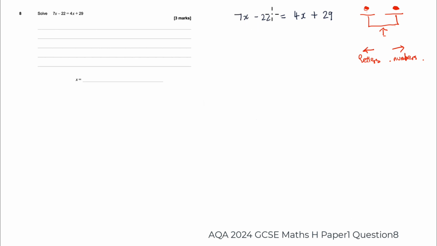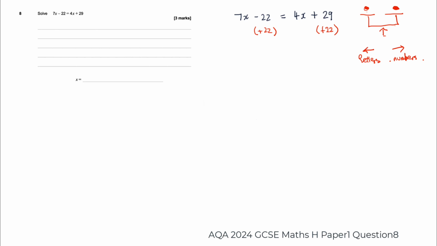This number is not in the right place. Let's add 22. Now, why am I adding 22? Well, it's the opposite of taking away 22. Take away 22, add 22, that vanishes. So I'll be adding 22 to this side.